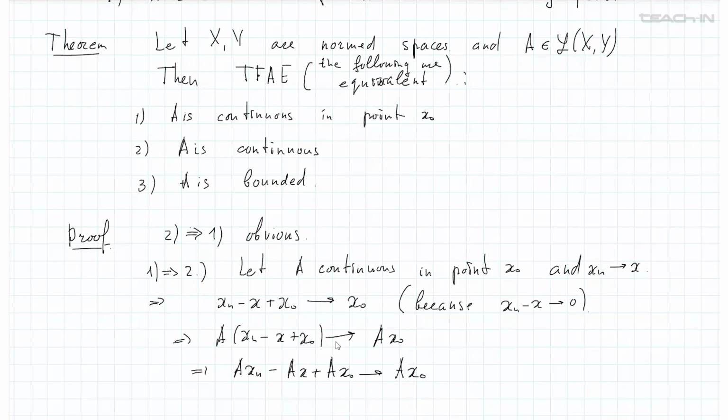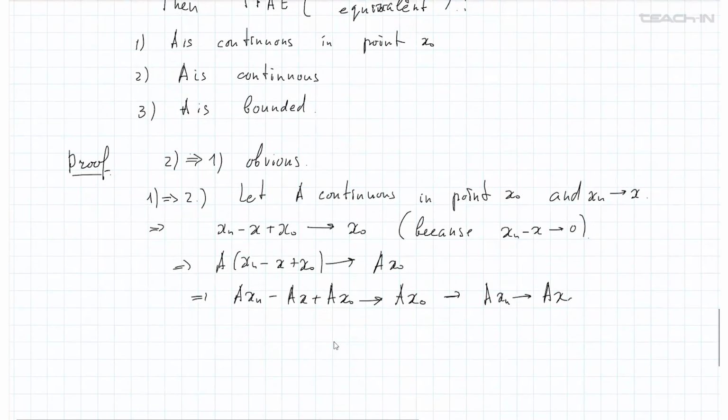And then from the last formula, we immediately obtain the difference in the norm. So we obtain that Axn tends to Ax. So by linearity of the operator and linearity of spaces, of course, continuity at one point is equivalent to continuity at any point.